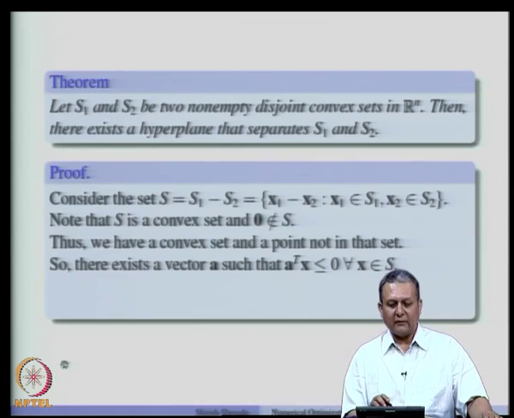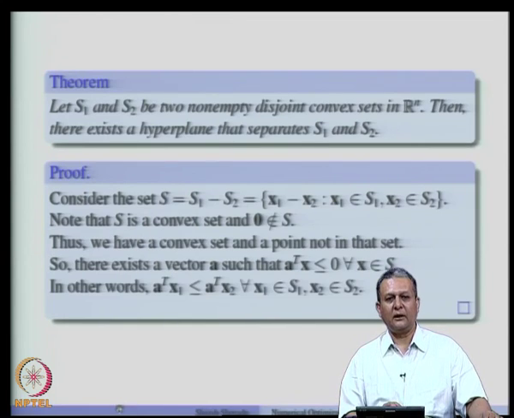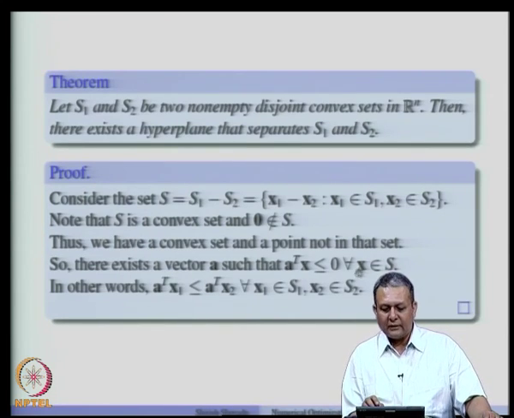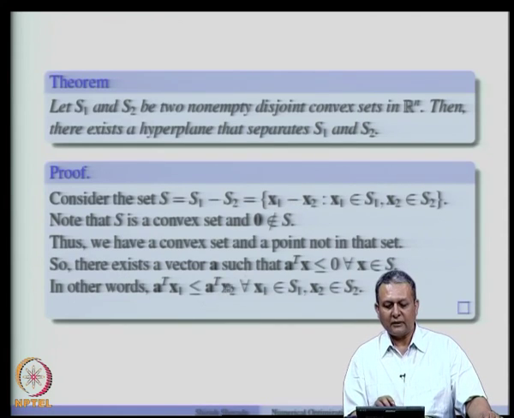So, there exists a vector A such that A transpose x is less than or equal to 0 for all x belonging to S. Now, if we replace x by x1 minus x2, what we get is that A transpose x1 is less than or equal to A transpose x2 for all x1 in S1 and x2 in S2. So, that means that there exists a hyperplane that separates the two sets S1 and S2.